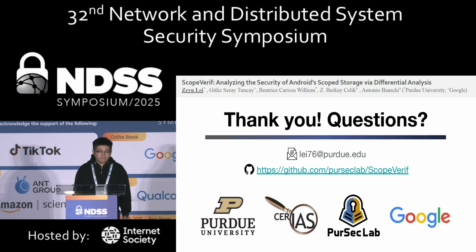But we did find some violations that are not really bugs. For example, there could be undocumented features or undocumented exceptions for certain API usage. After we communicated with developers, we learned that this is intended behavior.